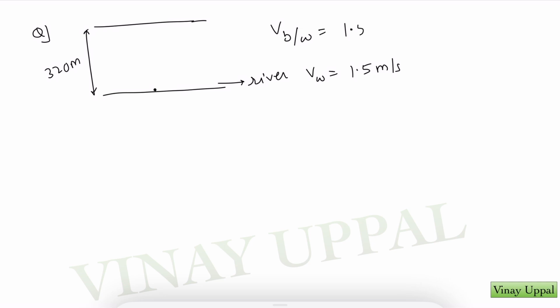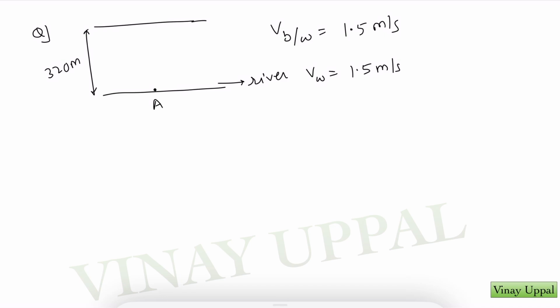The river is flowing. Let's say the velocity of the river water is once again 1.5 meter per second. Let's say this is 320 meters. And the velocity of the boat relative to the water, in the previous question it was 2.5 meter per second, but now I'm going to change it to 1.5 meter per second. So I've basically given equal speeds for the river speed as well as the relative velocity of the boat.